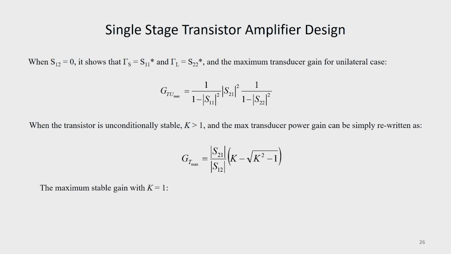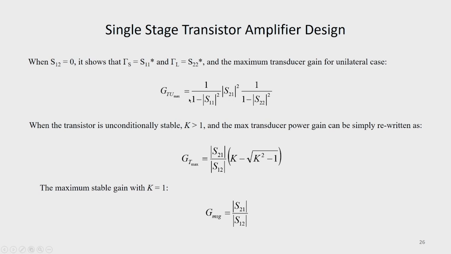And we define the maximum stable gain that we can get for K equal to 1, and this is G MSG, which is mod S21 divided by mod S12.